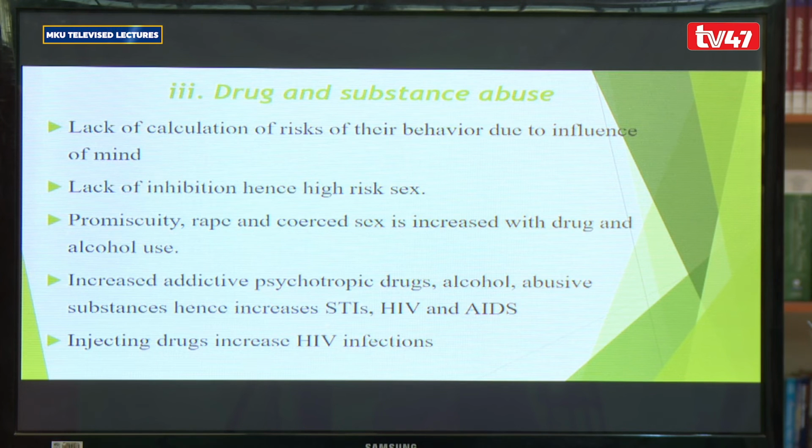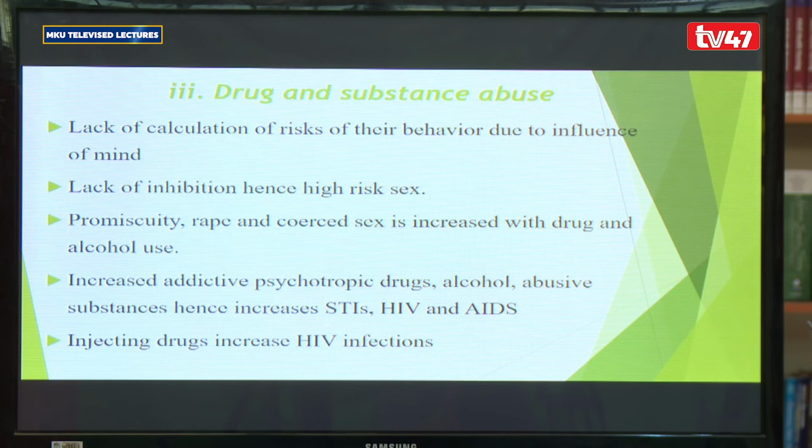The third one is drug and substance abuse. There is a lack of calculation of the risk of their behaviors due to the influence on their mind, because they may not be able to calculate correctly how to practice safe sex, or how to avoid sex or abstain. There is lack of inhibitions, hence high-risk sex.